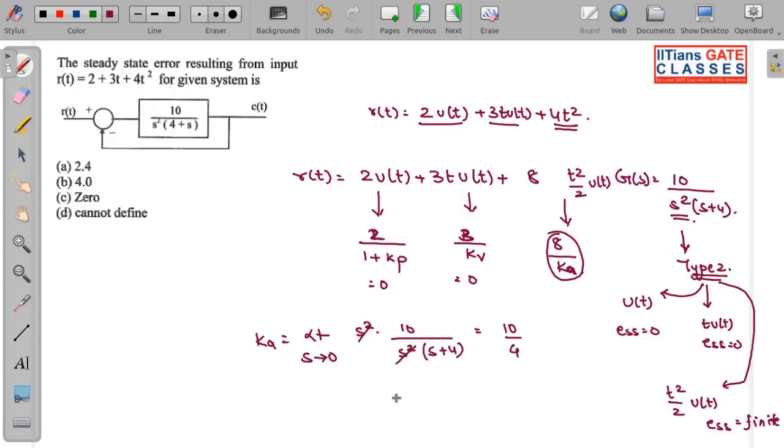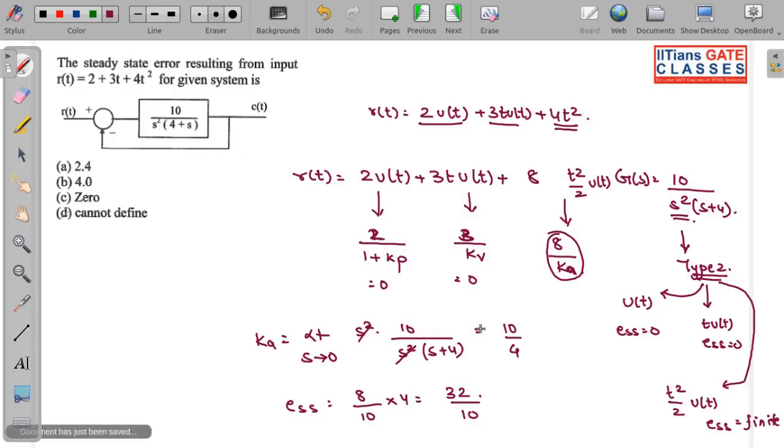Now if you put it over here, ESS is equal to 8 by 10 by 4, so this comes out to be 32 by 10. Somewhere have I made some mistake? So this will be 3.2.